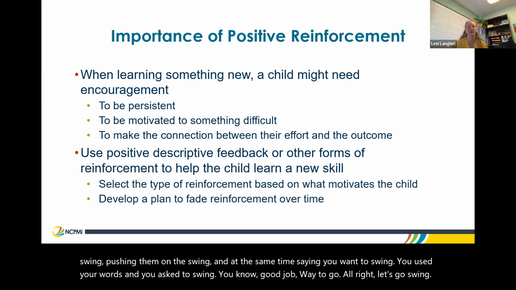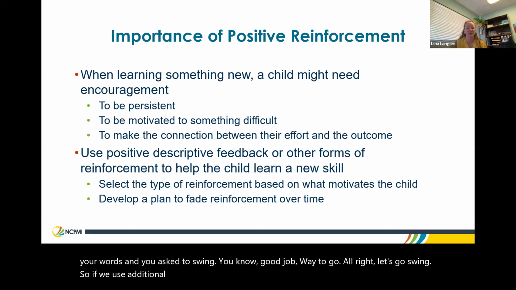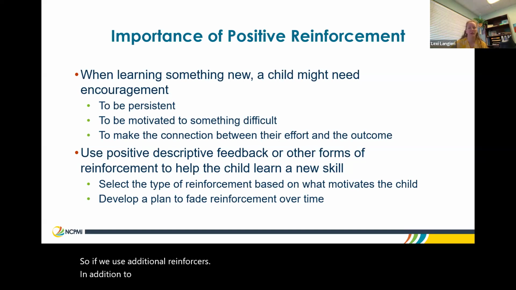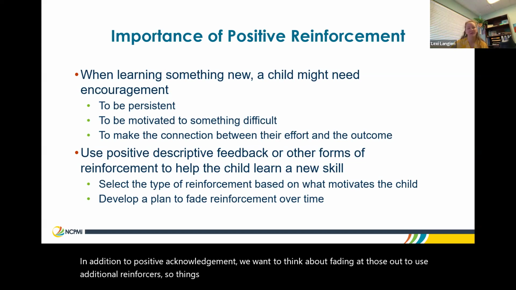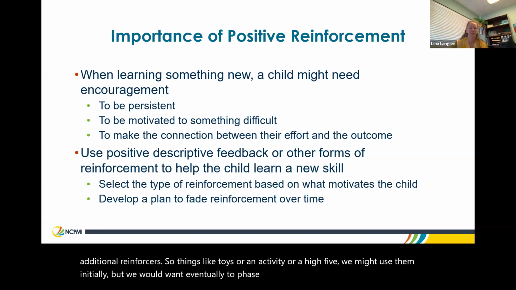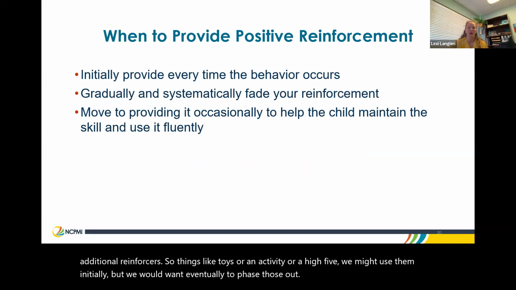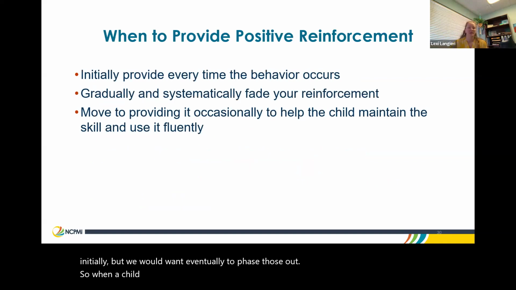If we use additional reinforcers in addition to positive acknowledgement, we will want to think about fading those out. Things like toys, an activity, or a high five we might use initially, but we would eventually want to phase those out. When a child is first learning a new skill, we may have to systematically plan to reinforce the child each time a new skill is attempted or completed.